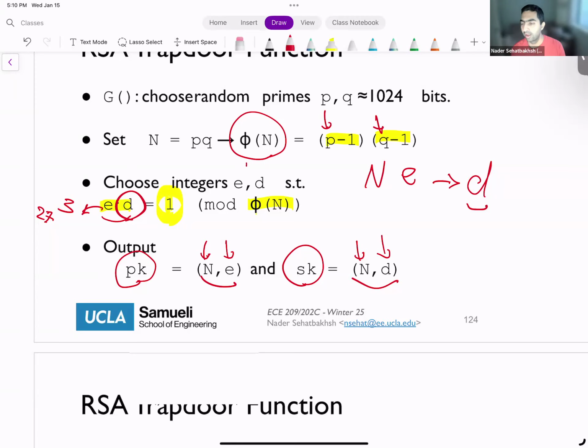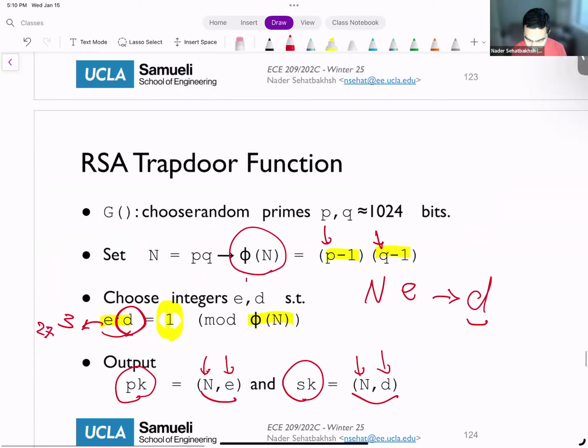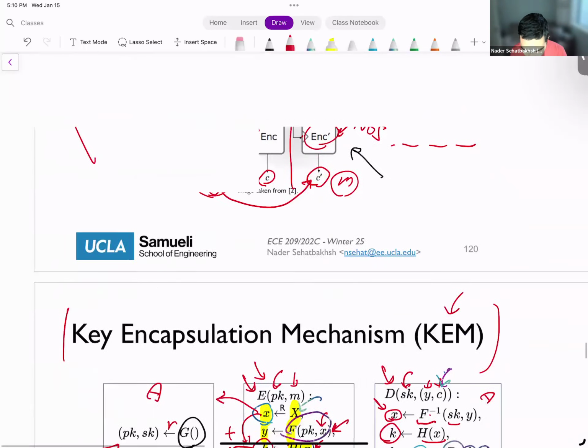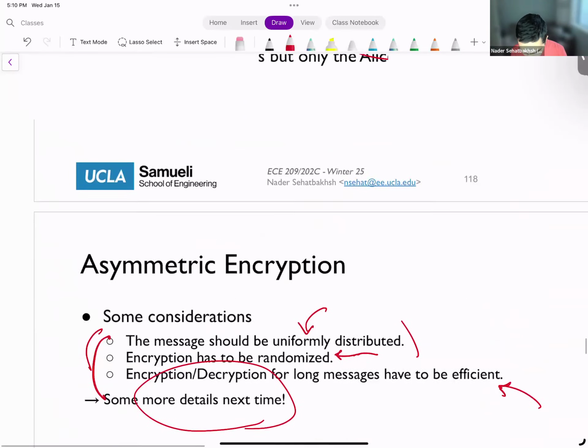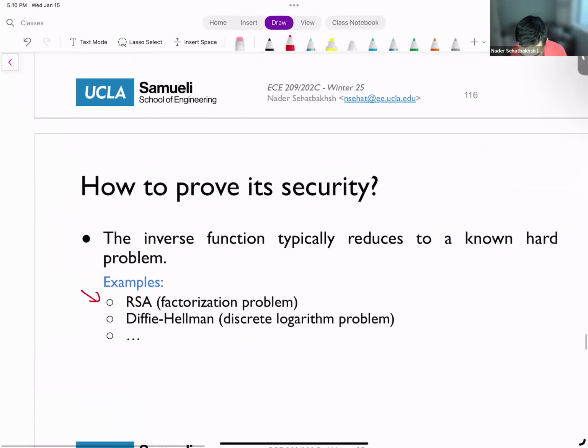But this hard problem that I mentioned earlier is actually proven to be hard: it's hard to factorize a very large number into its prime factors. In other words, if I know n, it's very hard to know what p and q are. And n has to be very large. If n is small, this is not a difficult problem.